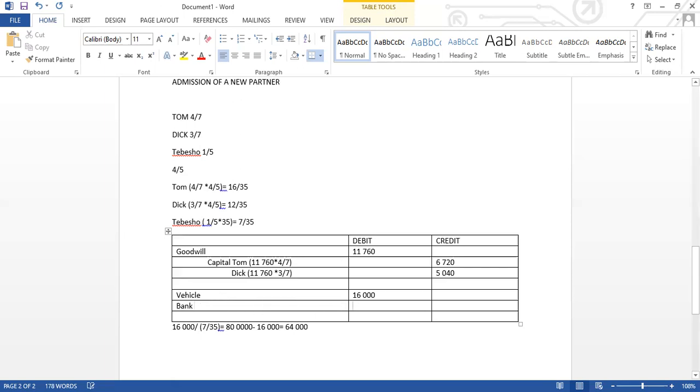And then we credit his capital account, capital Tebesho, with the total capital: 16,000 plus 64,000 gives us 80,000. Any questions?